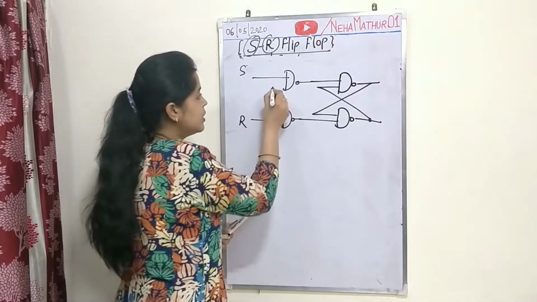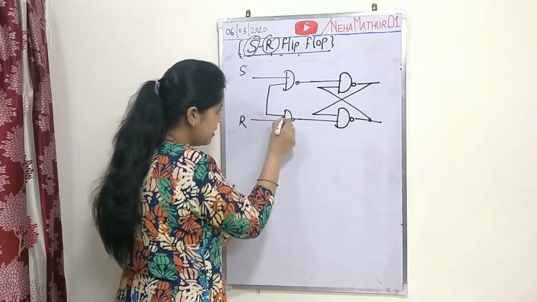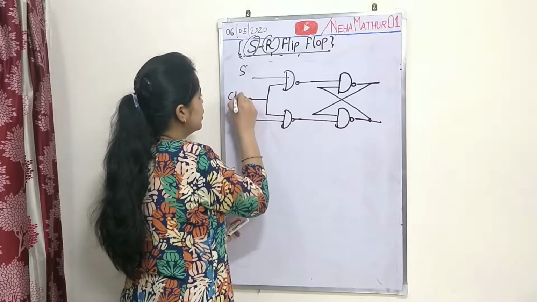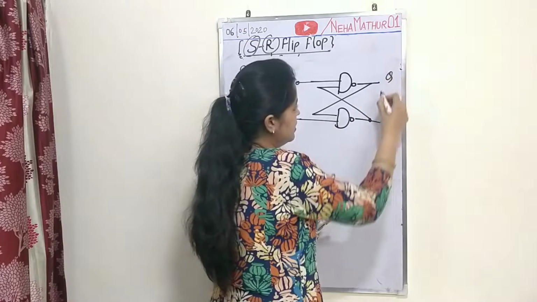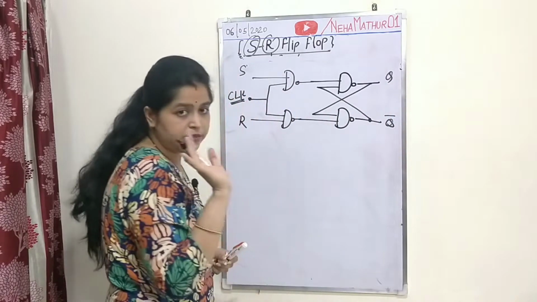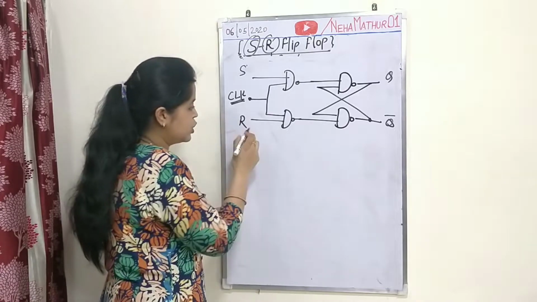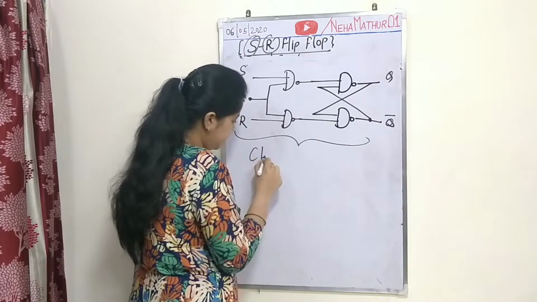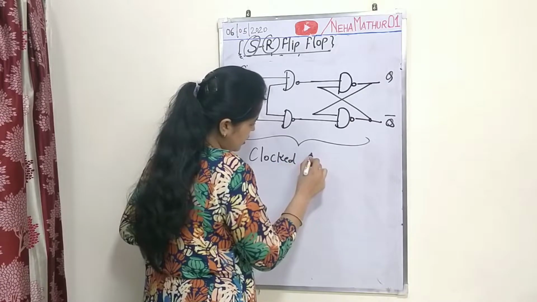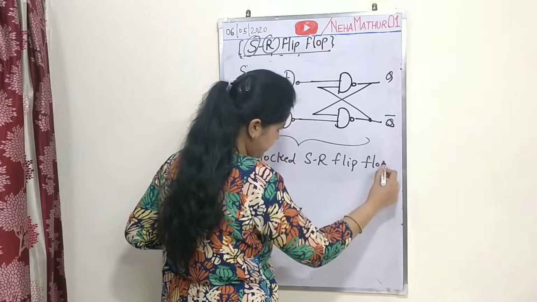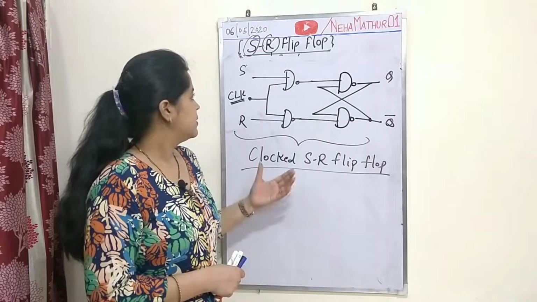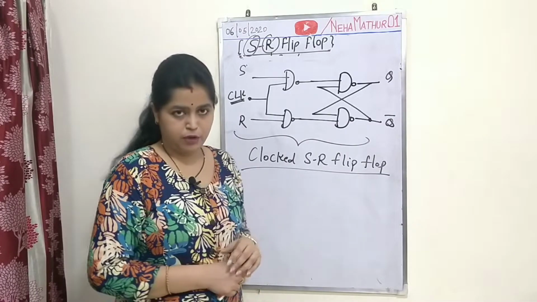One more input is introduced here, which will be your clock, while the remaining circuit will be the same. So this is the circuit for the clocked SR flip-flop.